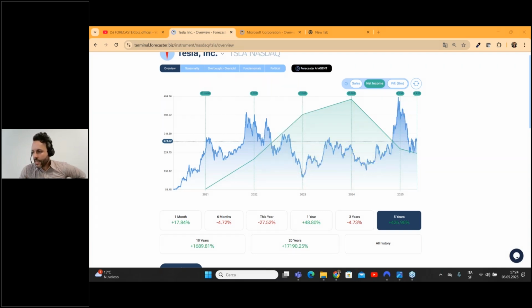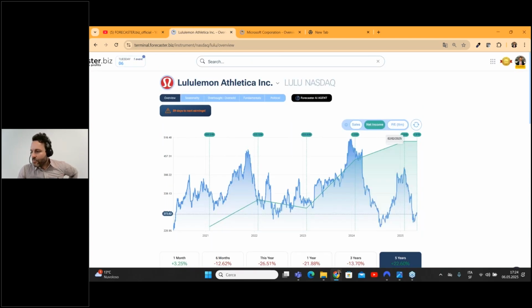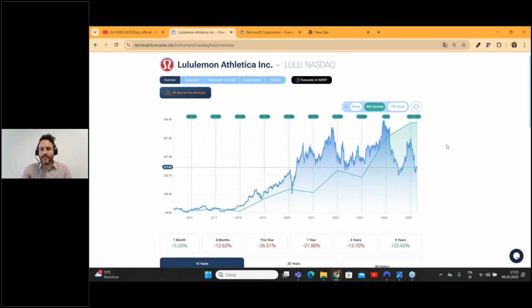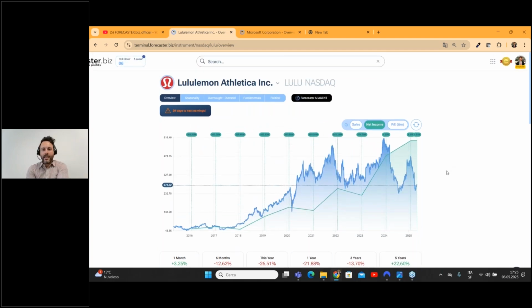So of course, Scott is saying, in normal market conditions, Lulu looks like a good time to buy, but the whole tariff situation makes me wonder if we can take that trade. Current earnings are based on past and current inventories. Of course, Scott, we cannot predict exactly the future, but at the end of the day, you can do an evaluation and understand if this company is good for the long run or not.